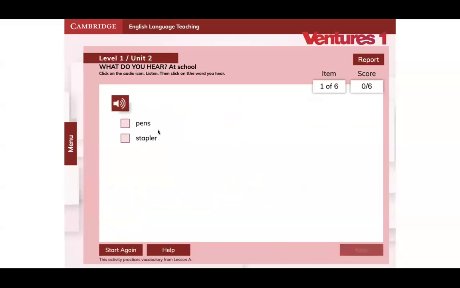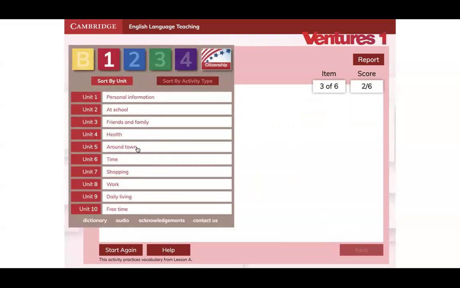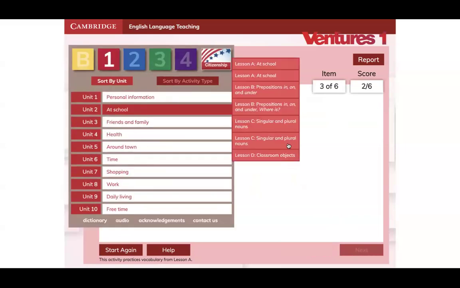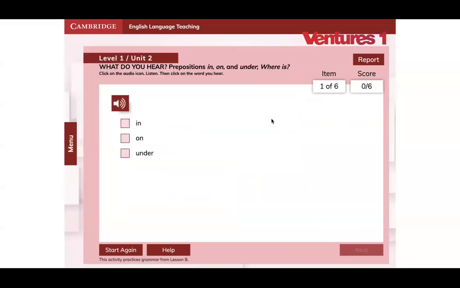Then we listened and we chose what we heard. Where are the pens? And we heard pens. Where's the calculator? Okay, so we did that for each of those. Then we did the prepositions again.